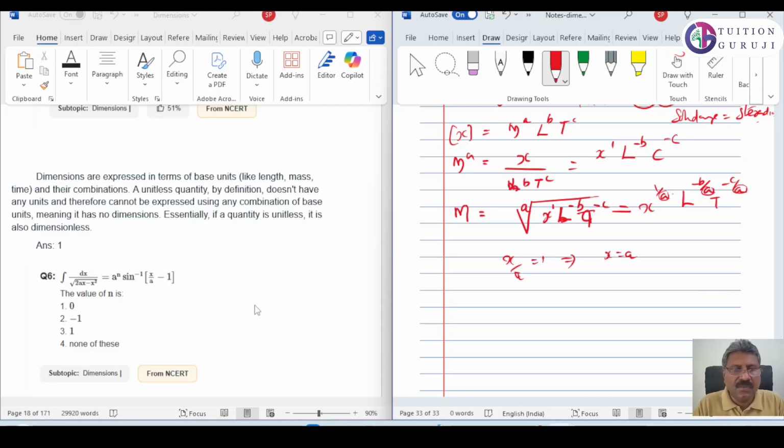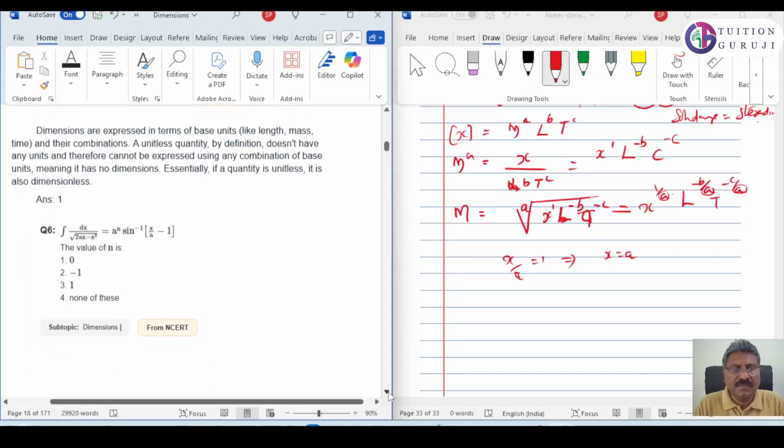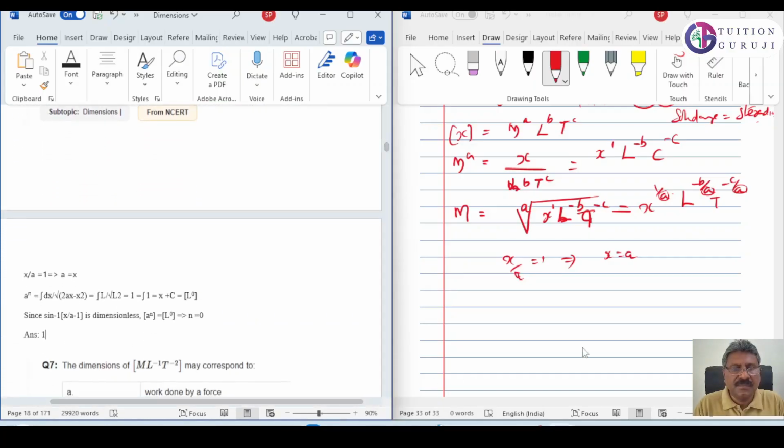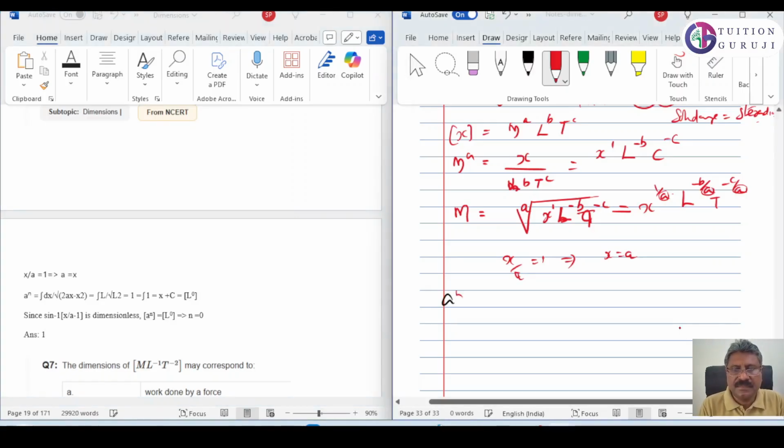Now, a raised to n is equal to the integral of dx by square root of 2ax minus x square. Since a is equal to x, 2ax is x square itself.